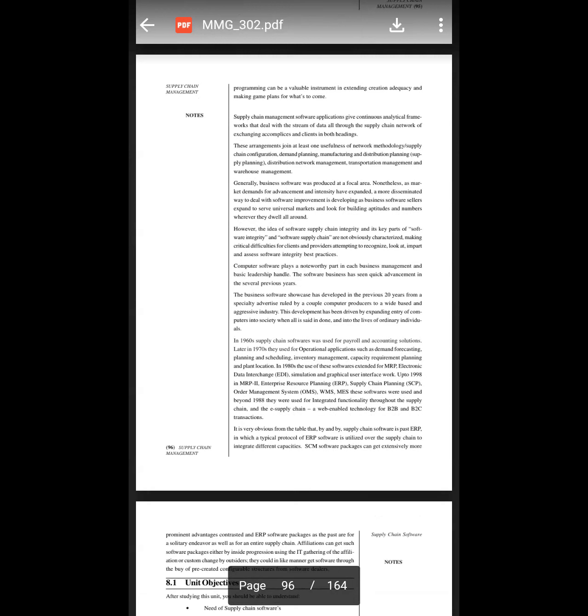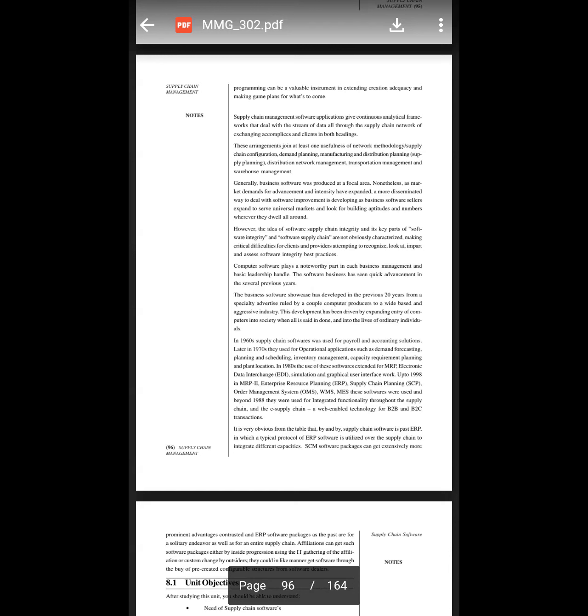Then simulation and graphical user interface work up to 1998 in MRP2, enterprise resource planning, supply chain planning, and order management system, that is called OMS, and WMS, MES. These software were used, and beyond 1998 they were used in integrated functionality throughout the supply chain, and we can say electronic supply chain.